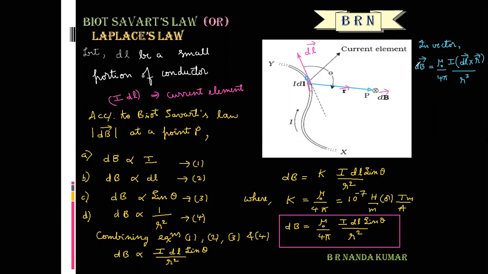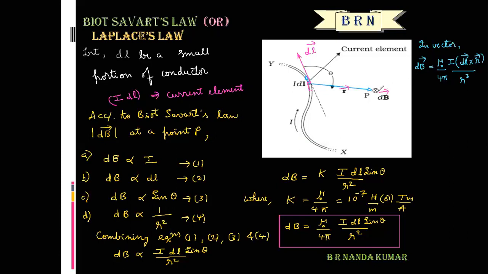So this one has both magnitude and also direction. So this is the magnitude of magnetic field near the current element, in vector form having both magnitude and also direction. The direction of dB vector can be determined by using right hand corkscrew rule or right hand thumb rule.